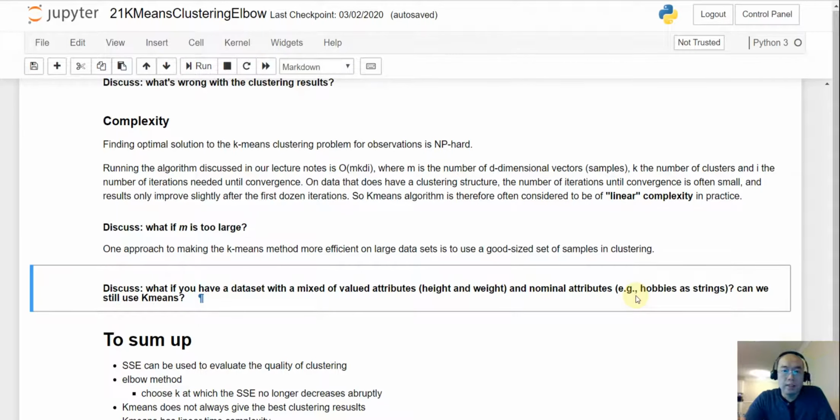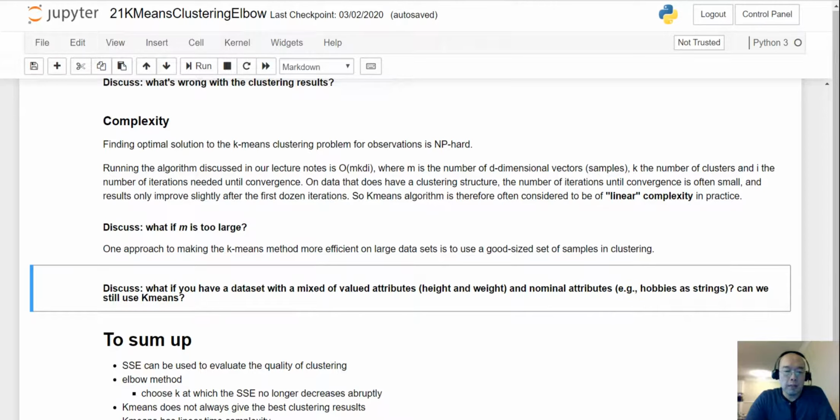So in k-means, we are relying on a meaningful distance measure. It could be Euclidean distance, or Minkowski distance, or Manhattan distance. Whatever distance you want to use, you want to make sure that the distance measure you are using is meaningful.